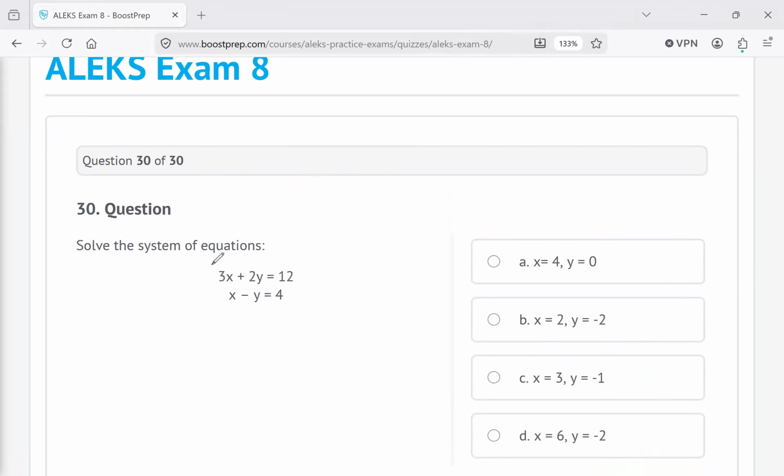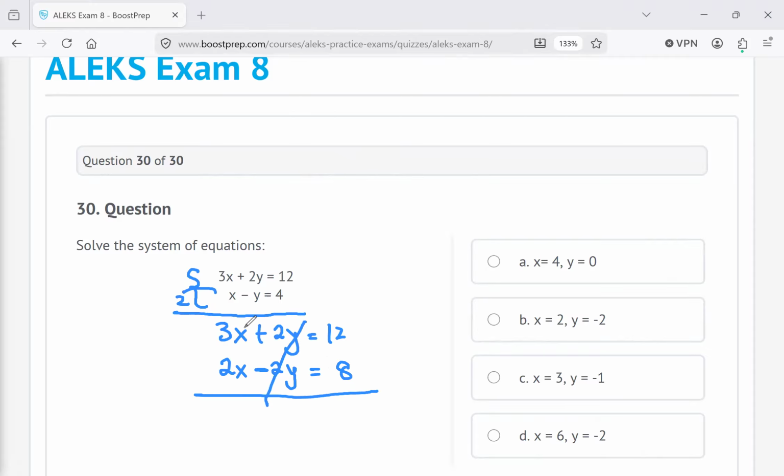And then over here, 30. Let's see, you can do elimination. If I want to get rid of the y's, I would have to multiply this by 2. 3x plus 2y equals 12 and the other equation multiplied out, 2x plus 2y. The y's cancel, so 3x plus 2x is 5x, and then 12 plus 8 is 20. So 5x equals 20, and 20 divided by 5 is 4.